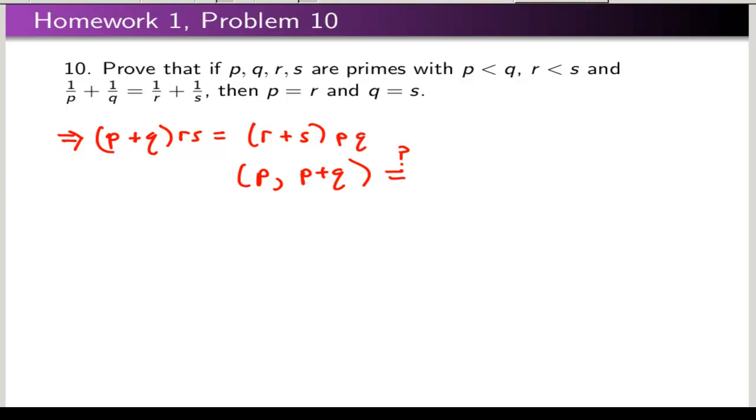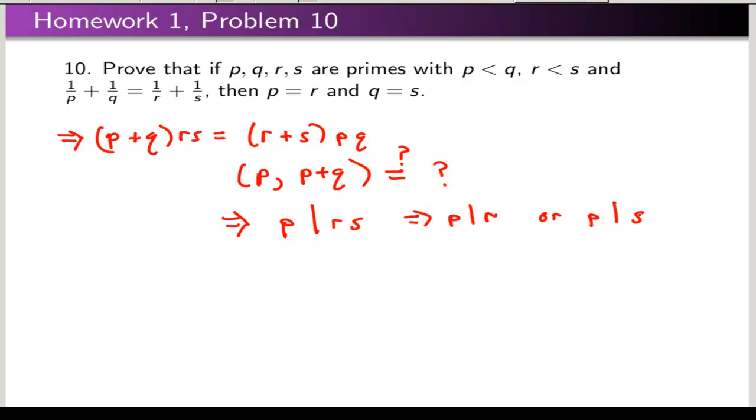What common factor do those two have in common? So again, just use the GCD invariance property or subtraction principle, and you can find what that equals. And then once you've found that, you can use the fact that P is a prime, and come down to say, therefore P has to divide RS. Think about what allows you to do that, which means P is a divisor of R, or P divides S, one of those two things.